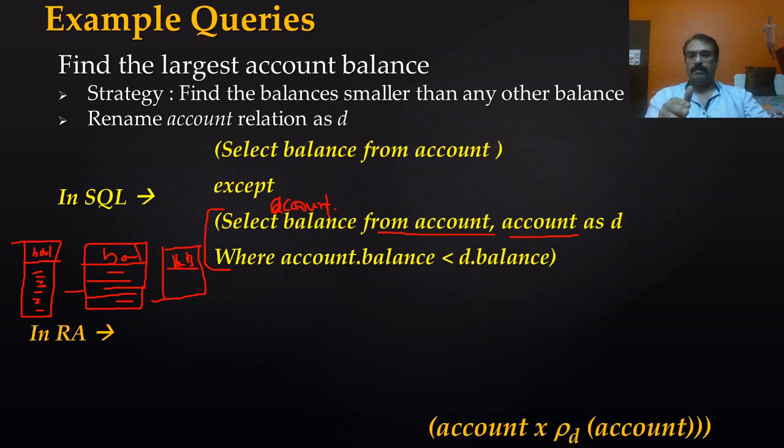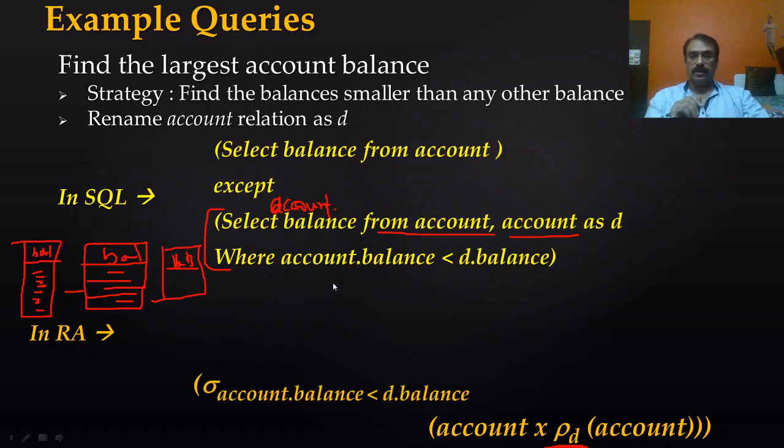In relational algebra we can make use of account into account. That's why the second account is now named as D. See here, the rho symbol we have used, that is the rename symbol. The first account is named as account and the second account is named as D. Account into account, the Cartesian product of account is formed.